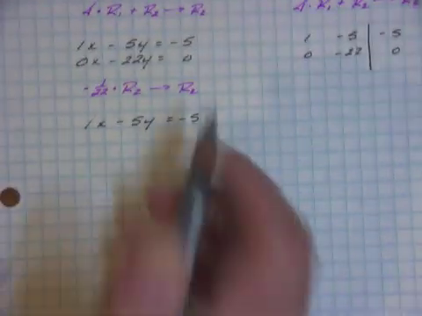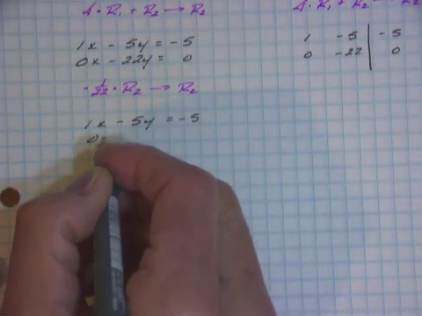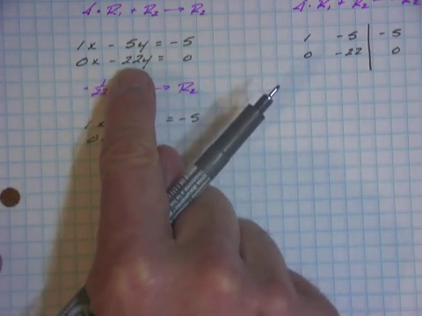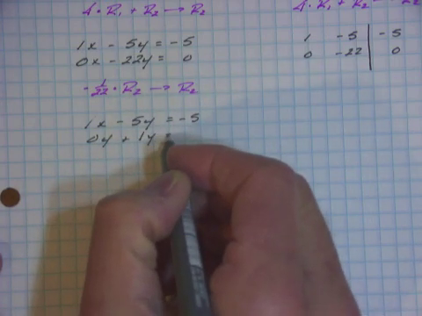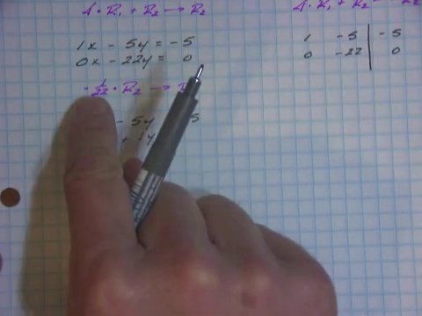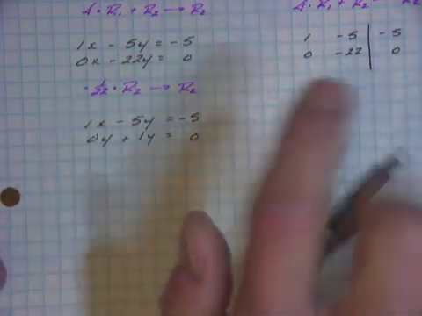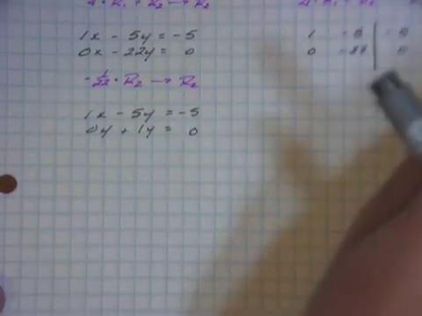So that's 1x minus 5y equals negative 5. Negative 1/22 times 0 is still 0. Negative 1/22 times negative 22 is positive 1y. So that's plus 1y equals, and negative 1 over 22 times 0 is 0.